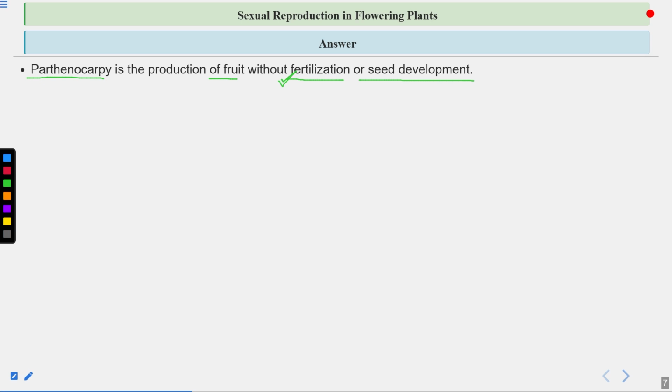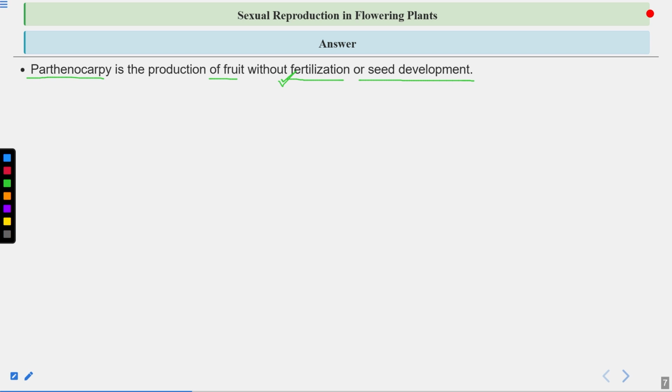And in parthenocarpy, there are no seeds. That is why parthenocarpic fruits have very important commercial value in the market. Can you imagine eating grapes with seeds? It will be difficult to eat, right?